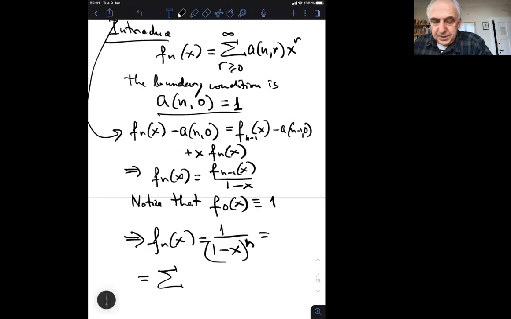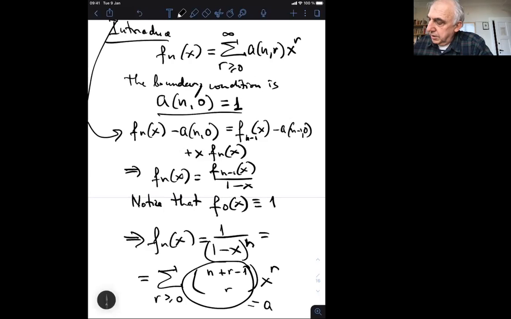So the coefficient in front of x to the power r, we'll get this: n plus r minus 1 choose r, and this is the coefficient we were looking for. This would be our a_{n,r}. Okay, so this was the other way to derive the same formula.